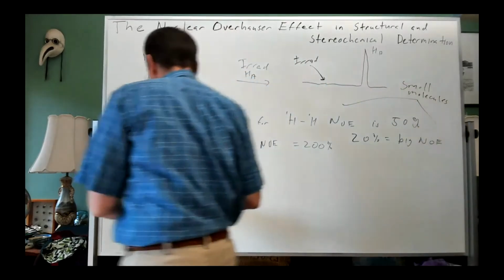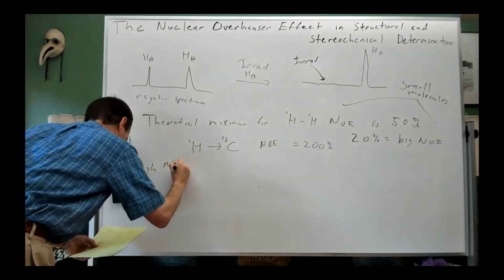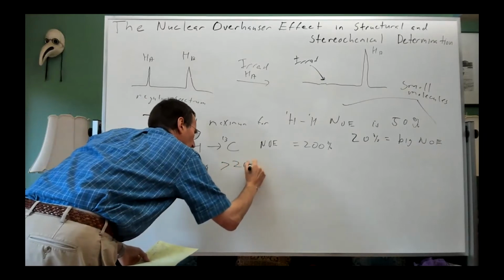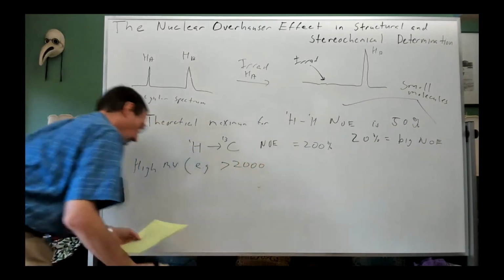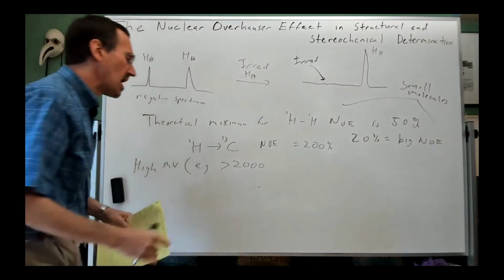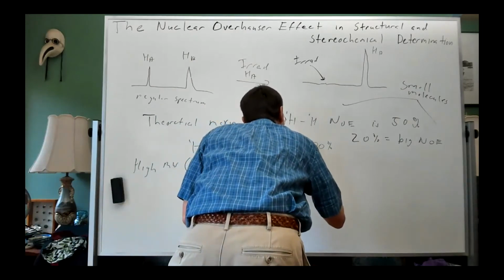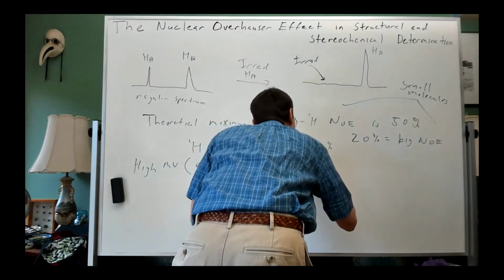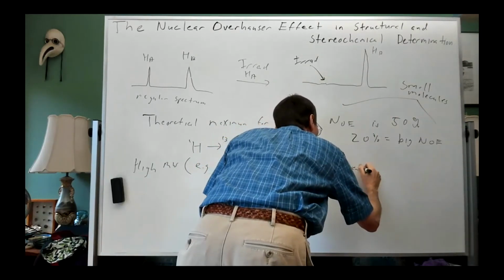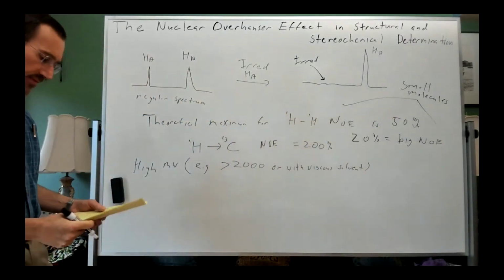But for large molecules, for high molecular weight, and I'll say, for example, greater than 2,000 would be typical, or to some extent with a viscous solvent, you'll have lower molecular weights, then your NOEs can be negative.